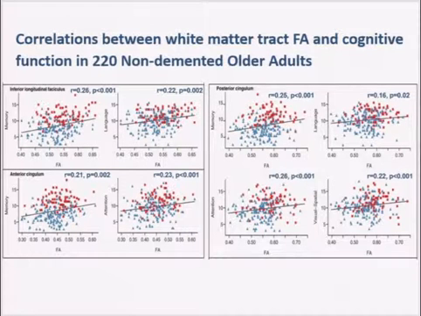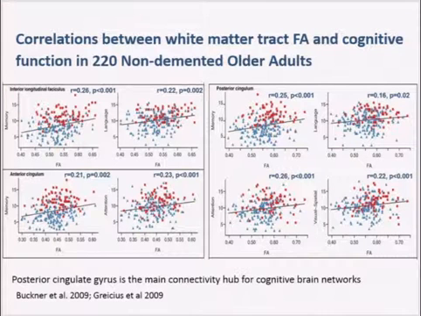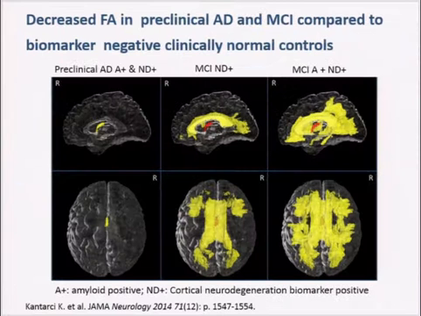In the posterior cingulum, interestingly, the correlations occurred with all cognitive domains that we studied, such as memory, language, attention, and visuospatial function. And that's really not surprising because posterior cingulate gyrus has been implicated as the connectivity hub for all cognitive brain networks in fMRI studies, resting state fMRI studies, by some of the earlier publications by Buckner and Greicius.